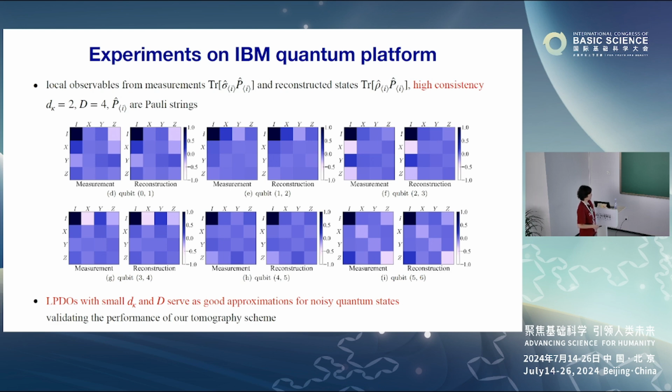Here we only choose the inner bond dimension equal to 2, and for this very small inner bond dimension, and D is also very small, it actually already serves as a good approximation for noisy quantum circuits. This result also validates the performance of our tomography scheme.